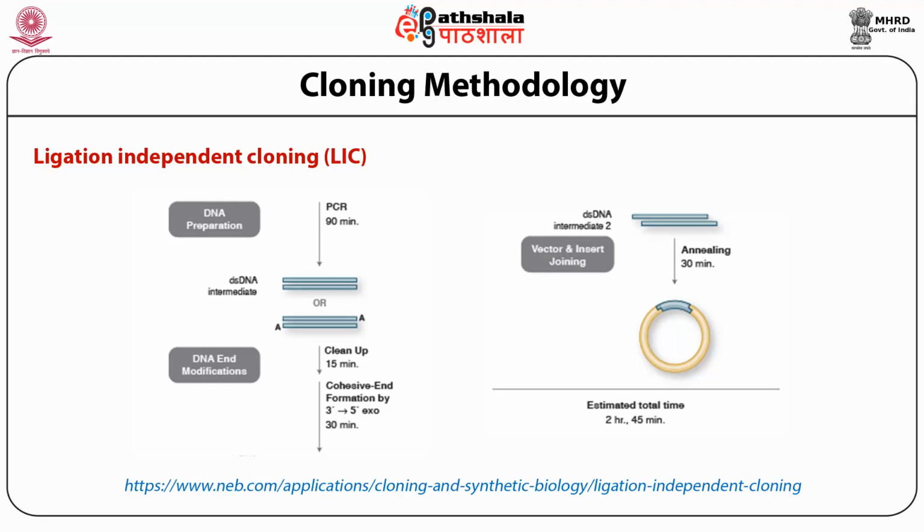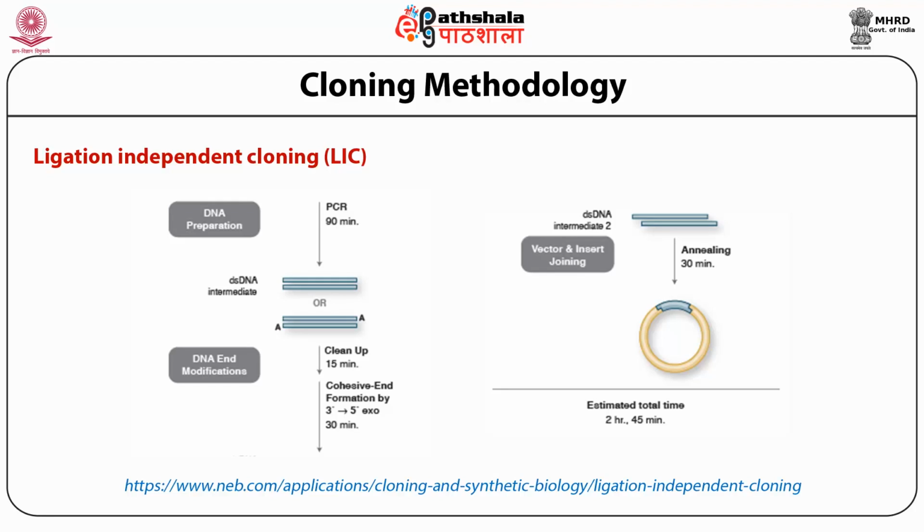The gene of interest is amplified using PCR, and this PCR product is incubated with T4 DNA polymerase, which generates cohesive ends because it has the 3' to 5' activity. If this activity is allowed to continue, it can chew up the entire DNA. Therefore, we add dNTPs, which will stop the exonuclease activity of this enzyme.